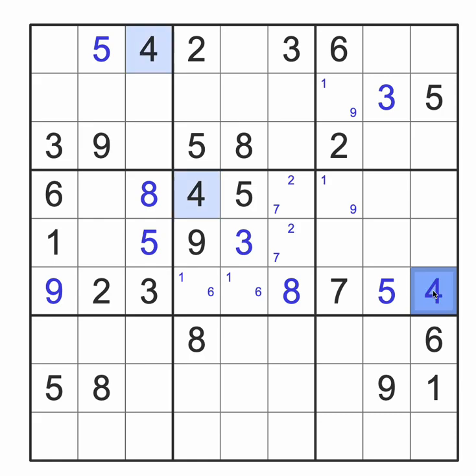That gives me 4 here, and these are 4 and 7, so 4 here makes this cell 7, and this is 4, and this 7 has made this cell 2, and this is 7.